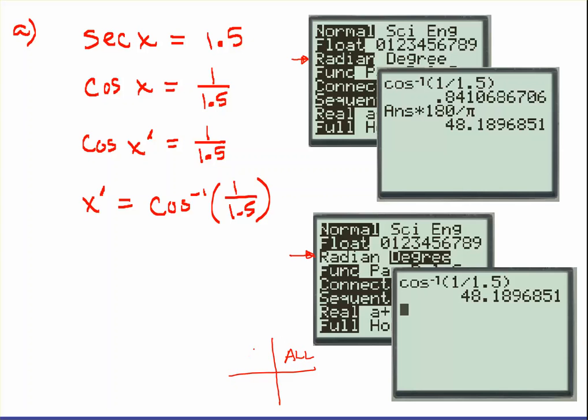In quadrant 2, the only functions that are positive are sine of x and cosecant of x. Quadrant 3 is tangent and cotangent, and quadrant 4 is cosine of x and secant of x. Again, I'm giving you which ones are positive here.